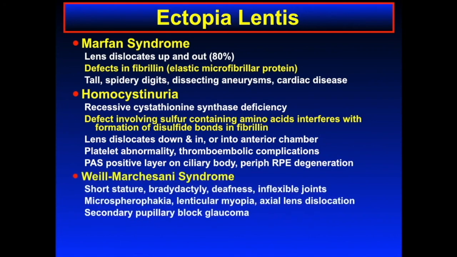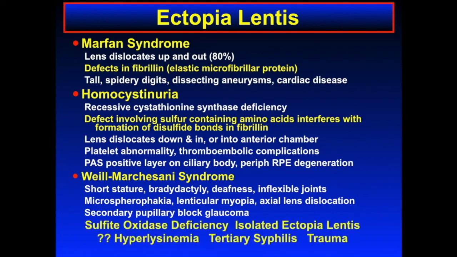Weill-Marchesani syndrome. These patients have short stature, brachydactyly, deafness, inflexible joints. They then have a very small round lens, microspherophakia. This gives rise to high degrees of lenticular myopia in childhood, and then the lens dislocates anteriorly, causing secondary pupillary block glaucoma.